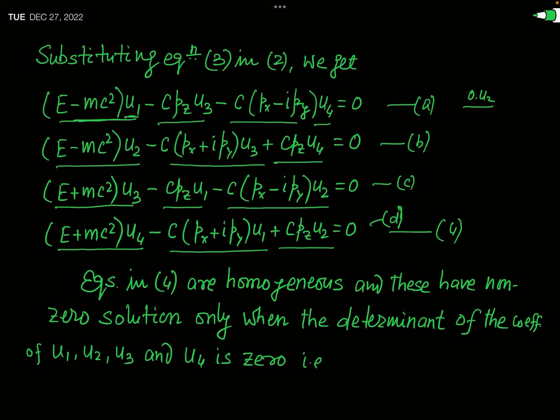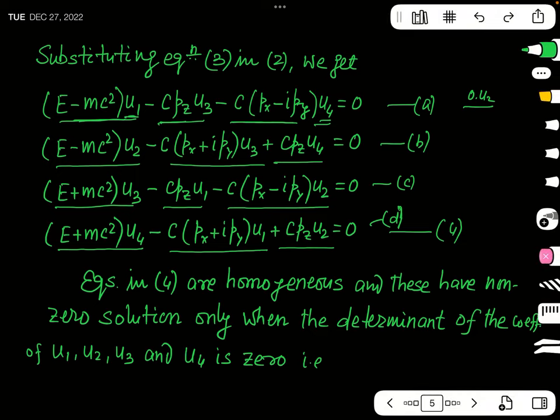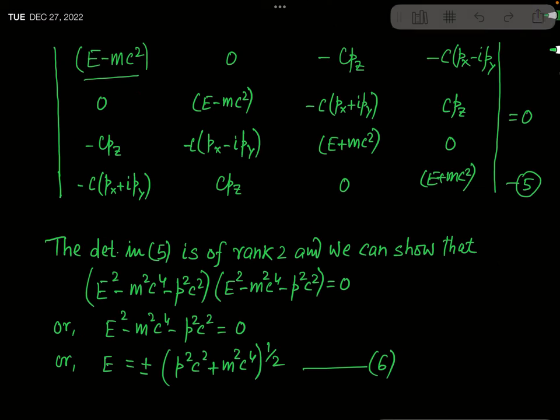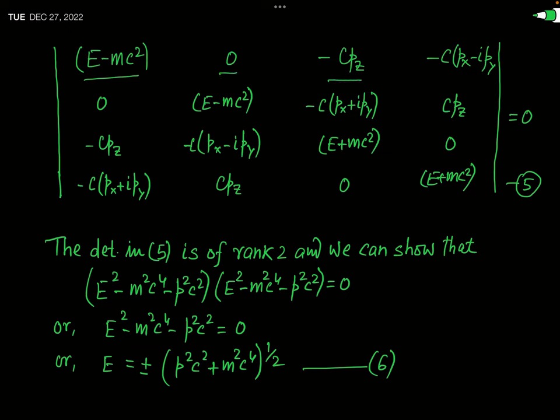The coefficient of u3 is minus cpz. The coefficient of u4 is minus c(px minus i py). So in the first row of this determinant we write this: E minus mc square is the coefficient of u1, 0 is the coefficient of u2, and minus cpz is the coefficient of u3.